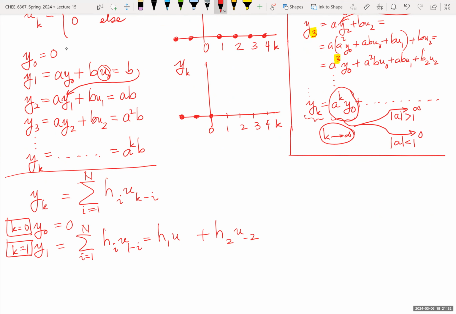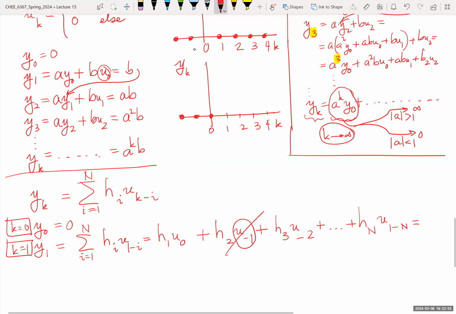So for i equal to 1, this becomes 0. This becomes minus 1. H3 u minus 2 plus all the way through Hn u1 minus n. And what is the final number for this? u minus 1 is what?